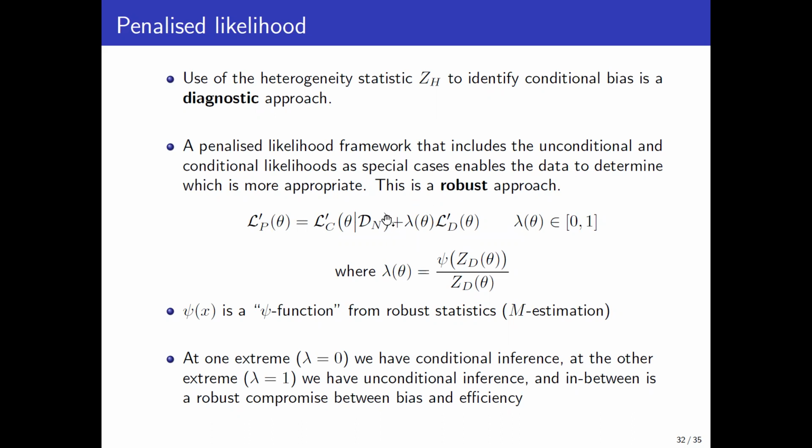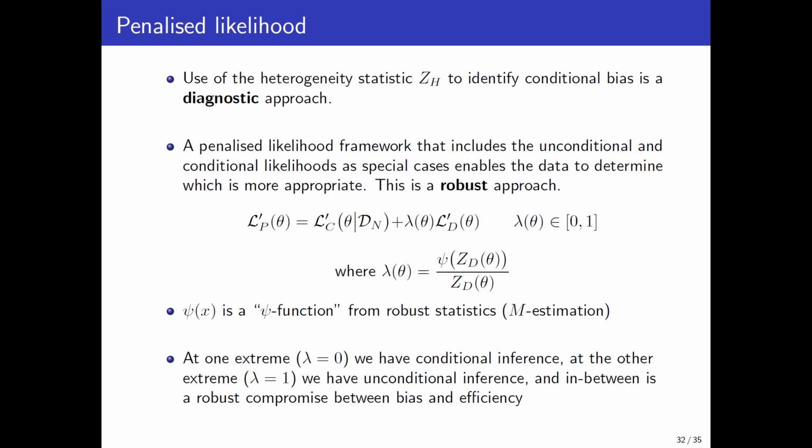If I add in a tuning parameter here, well, these are the score functions actually, then I essentially generalize that notion such that for the tuning parameter being 0 or 1, I recover the conditional or unconditional likelihoods respectively. But for values in between, I can dial it from one extreme to the other and let the sample decide which might be more appropriate.